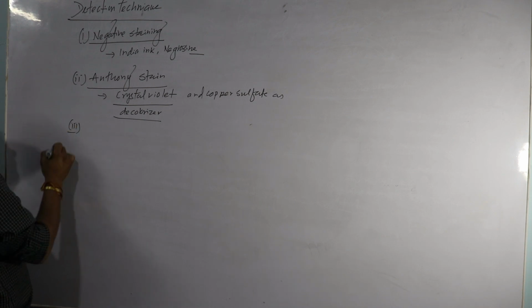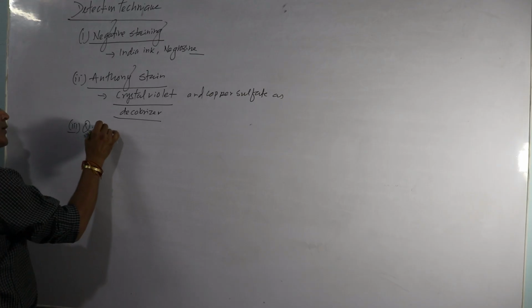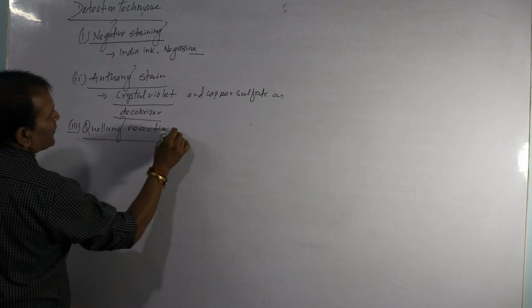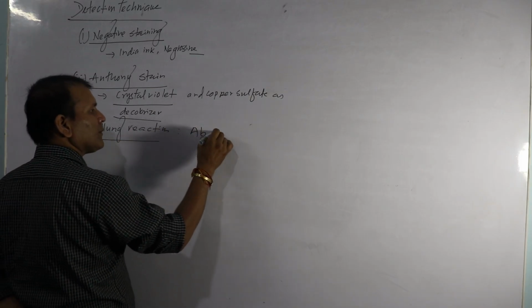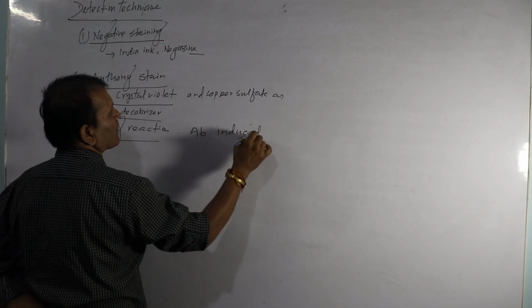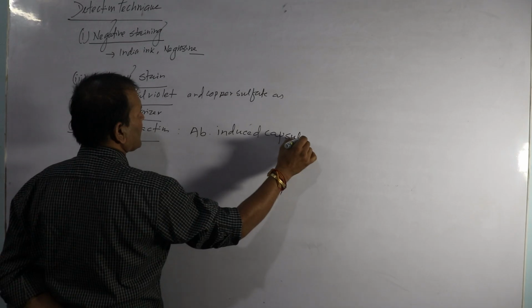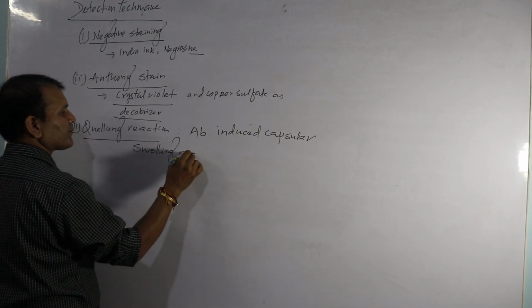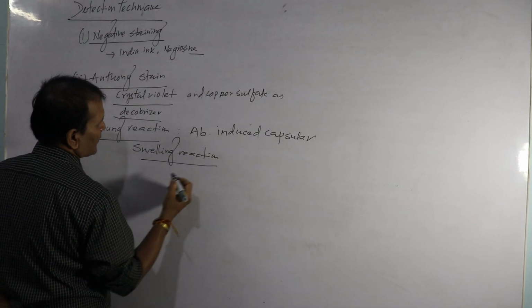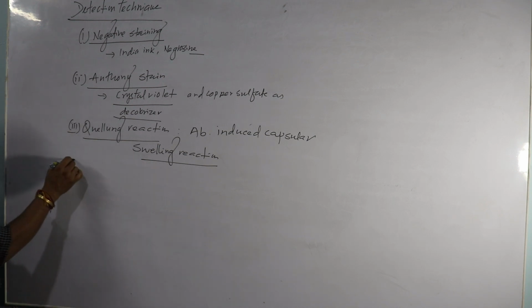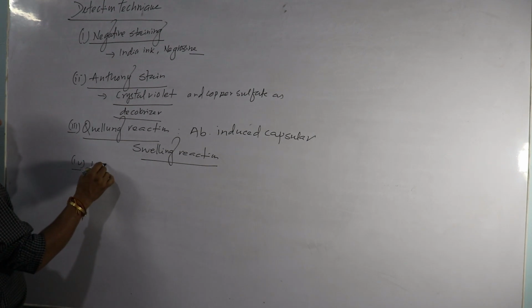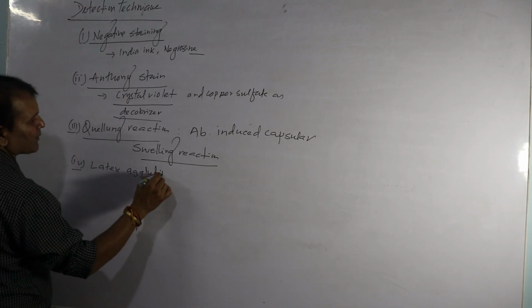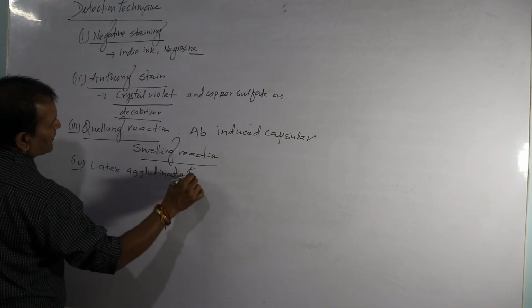Point number 3, Quellung reaction. It is the antibody induced capsular swelling reaction. So it is also a capsule detection test. Point number 4, latex agglutination test.